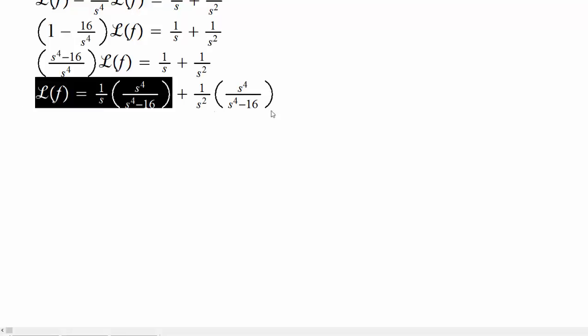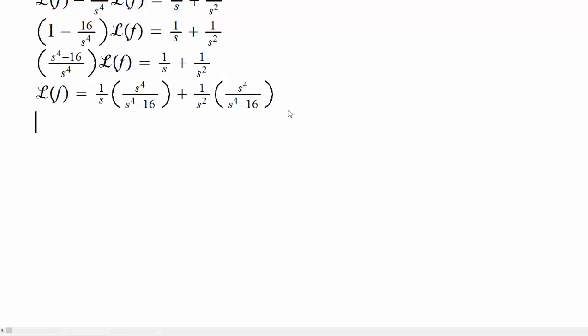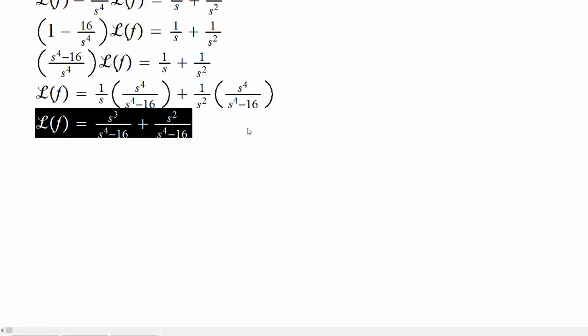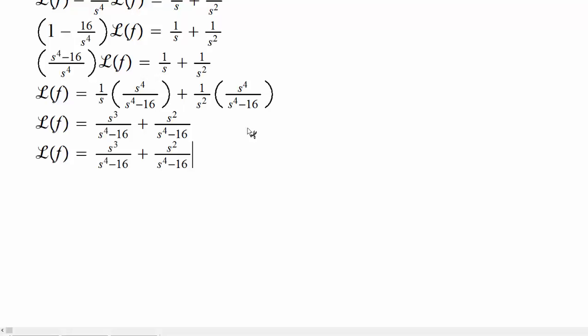And when you simplify these, this is out, this changes to s cubed, this is out, this changes to s squared. All right, and then finally, since we have a common denominator here, we can change it to this.